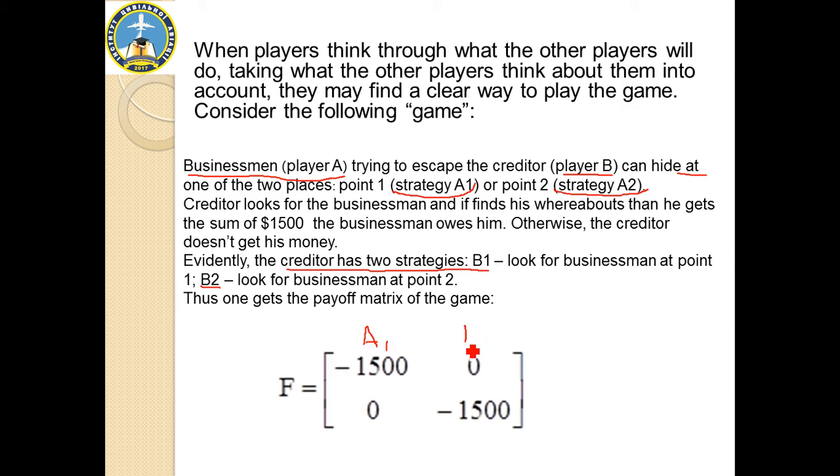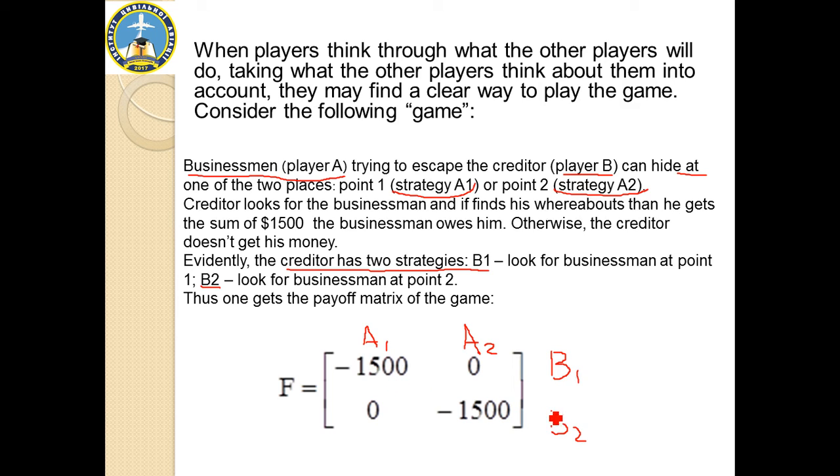A1, A2, B1, B2. So, if the businessman picks strategy A1, hides at point 1, and the creditor picks his strategy B1, then the businessman loses $1,500.